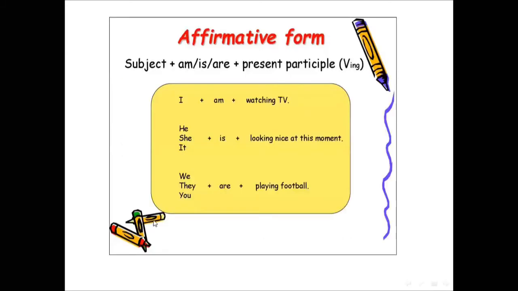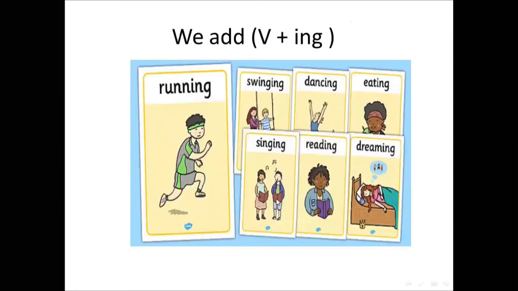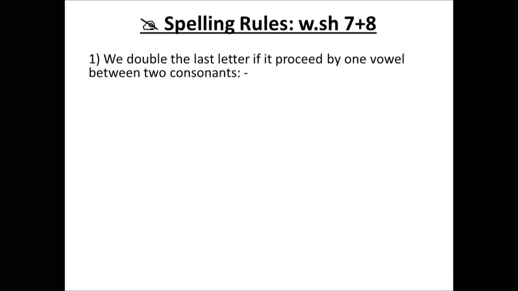Also, again, this slide shows you the affirmative form. Subject plus is, are plus present participle. I am watching. He, she, it is looking nice. We, they, you are playing football. Now here we want to learn how we can add ing to the verb. As you see, we have some spelling rules to add ing to the verbs.